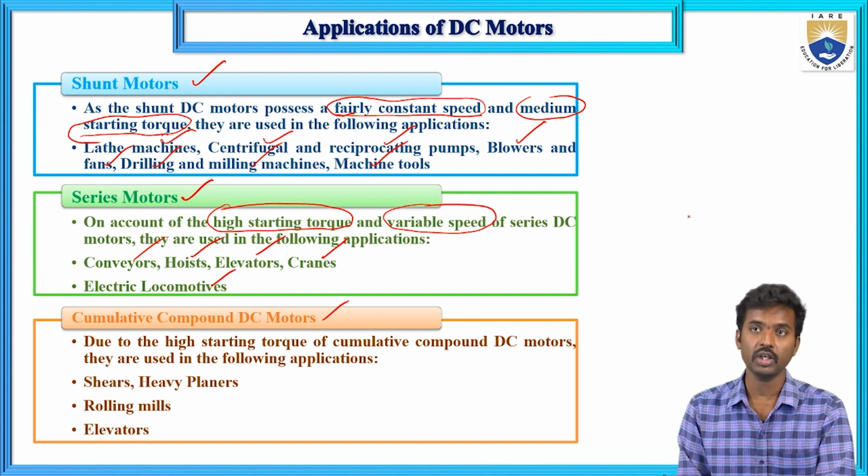So the DC shunt motor has medium starting torque and constant speed, and the DC series motor has high starting torque and variable speed.